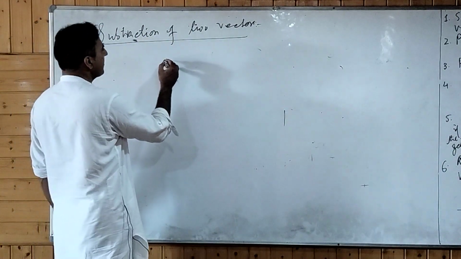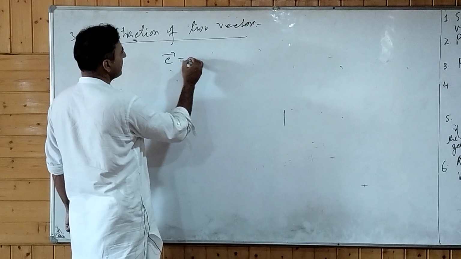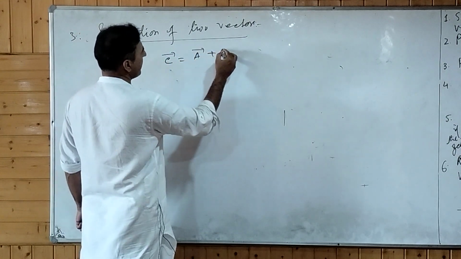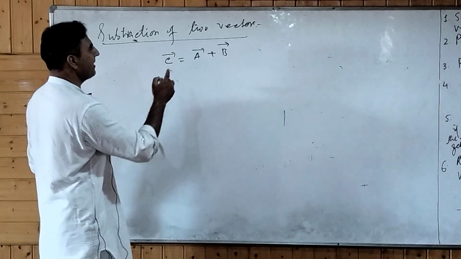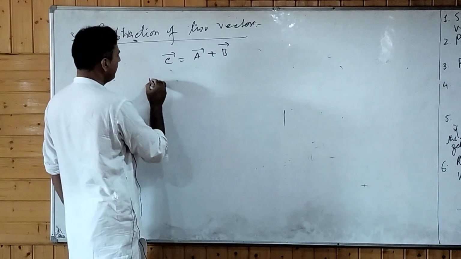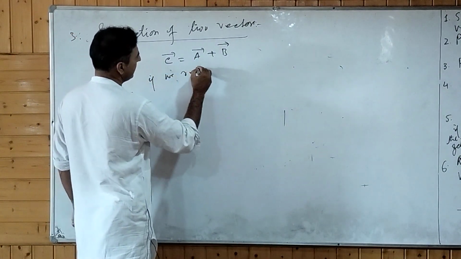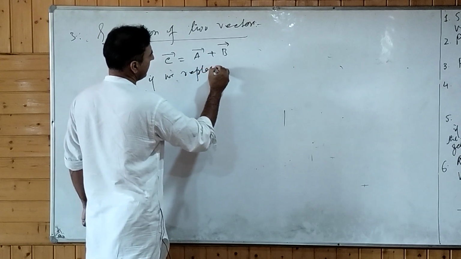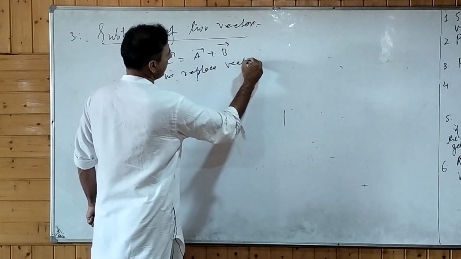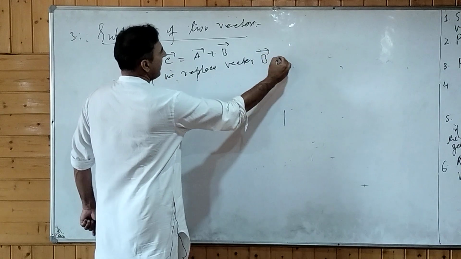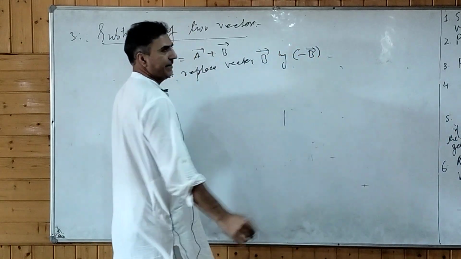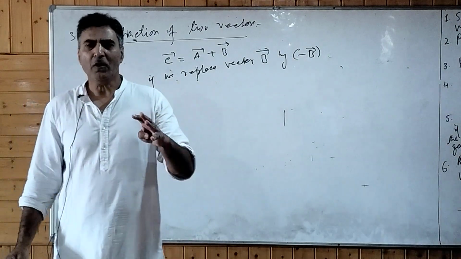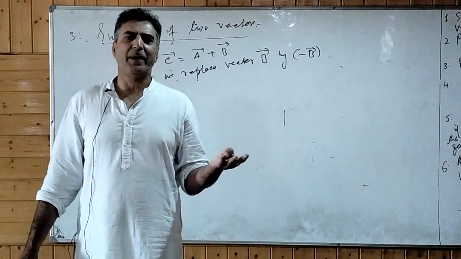How to subtract 2 vectors? We know addition of 2 vectors is like this. This is the addition of 2 vectors. If I replace vector B by minus B, the job is done. So vector B को minus vector B से replace कीजिए.